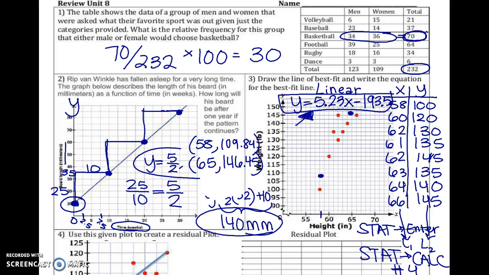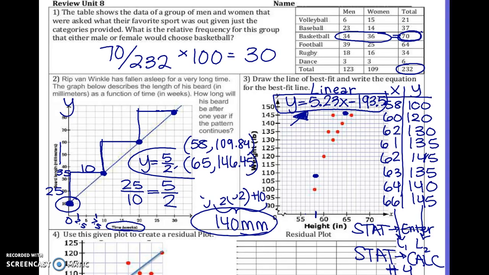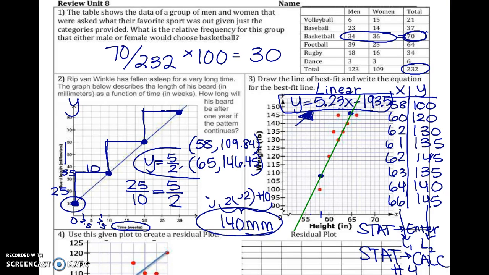And then all you got to do now is just connect the points and make that line. So it would be a nice, exact, linear line there. The line of best fit for those points would look like that. And that would be the most exact we could get.